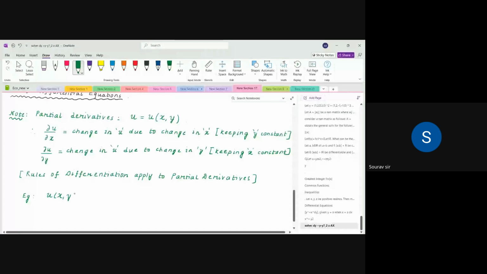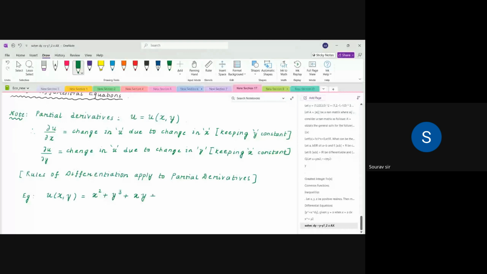All right. Let's say, for example, if I take something like this, u of x comma y is equal to, let's say, x square plus y cube plus xy plus y times, for example, log x. Okay.